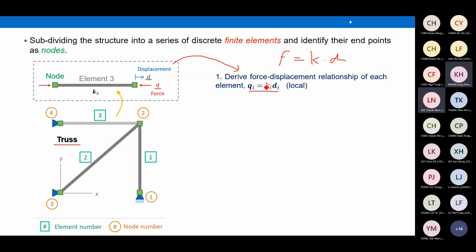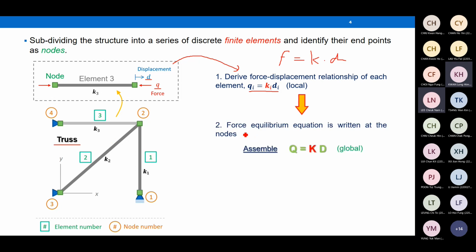This is the equation for one element, right? But we have 3 elements here. You can use this equation 3 times for element 1, element 2, element 3, and then combine them together to represent the whole structure. You can add up the 3 equations together, which becomes a whole structural problem. I use capital Q to denote the property along the whole structure, not a single element.